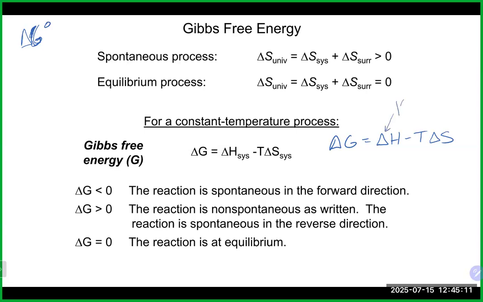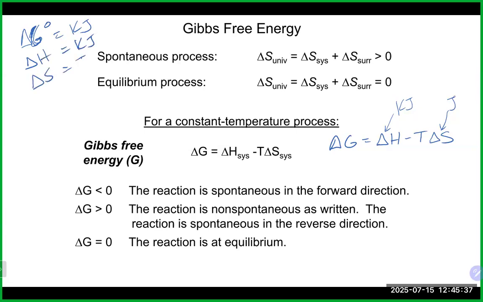That is in kilojoules. That is in joules. If you do not do the conversion, you will be off by a factor of 1,000, so it's really important to convert it. It's really up to you which way you want to convert it. I will say that delta G is typically given in kilojoules, just like delta H is typically in kilojoules.